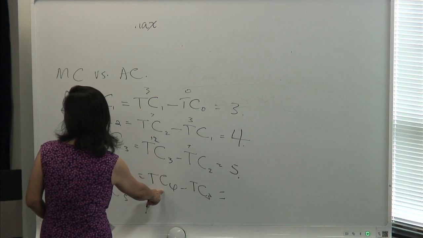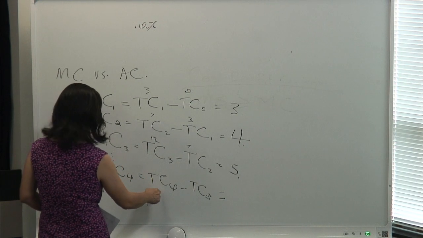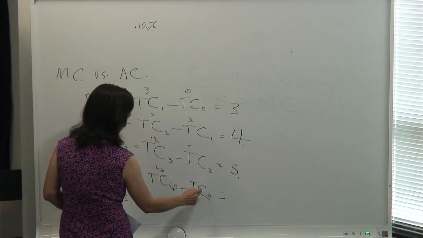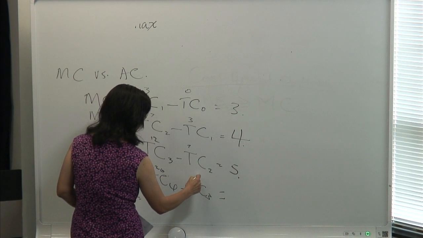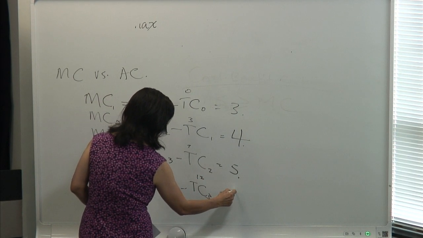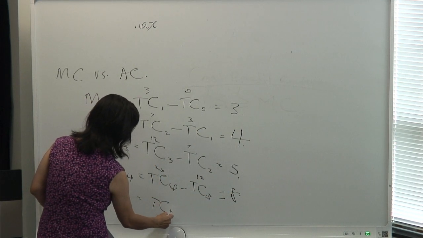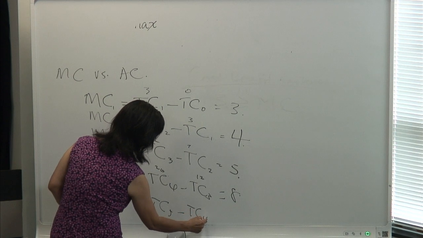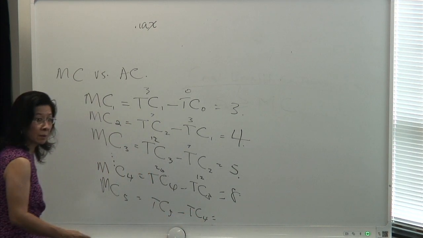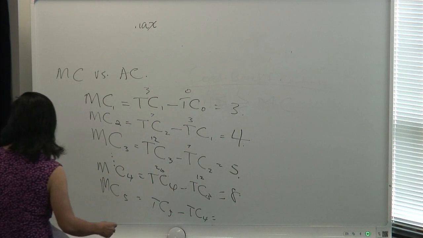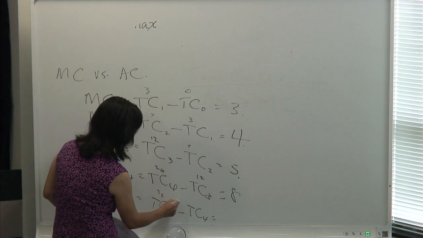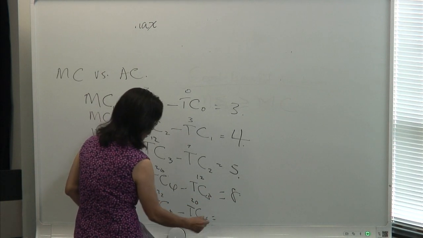What's TC4 here? 20. The other one is? 12. And? 8. So you got 8, right. Then the last one will be TC5. Is everybody understanding what's going on? Yes. Okay, very good. TC5, this will be 32 minus 20, so you get 12.